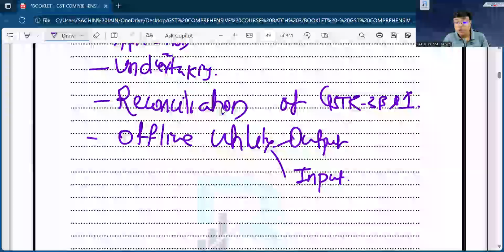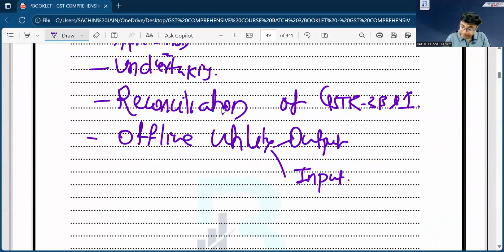If there is any issue, errors will appear and an error report will be generated. You just need to rectify all the errors and submit again. So first is your application, second is your undertaking, third is your reconciliation, fourth is your offline utility JSON, which is uploaded on the GSTN common portal.